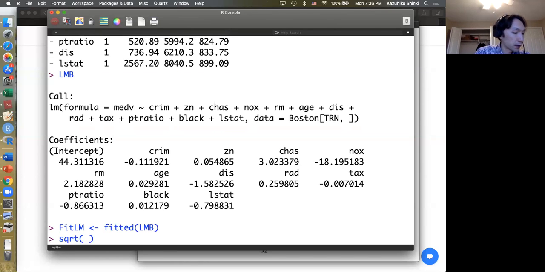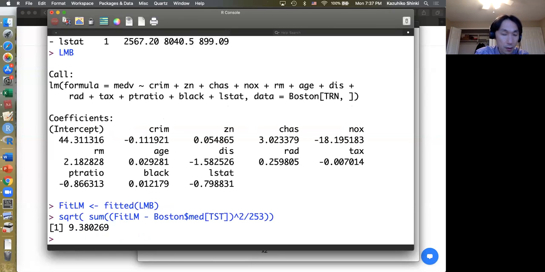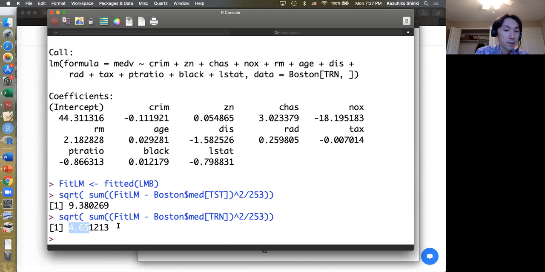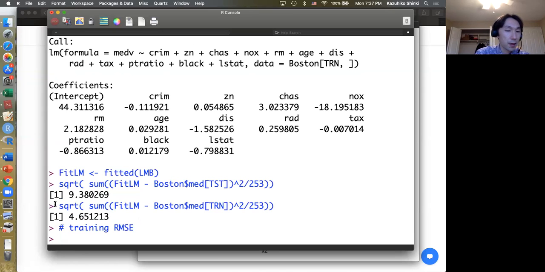We calculate the root mean square error: the summation of the fitted values of lm1 minus the Boston median values, squared, summed and divided by the number of observations, 253, then the square root. So it is 4.565. This is the training RMSE.